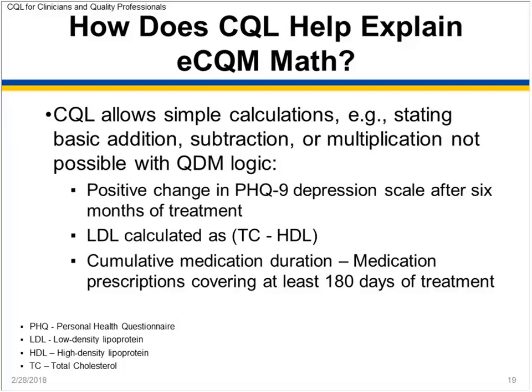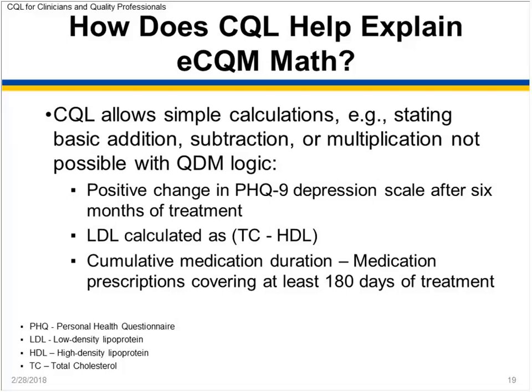Now it can. Another measure would be looking for a 10 millimeters of mercury minimum decrease in systolic blood pressure for a patient with hypertension and an elevated systolic blood pressure. In the past, the logic wasn't able to state that, but the CQL is providing that. How would you calculate a low-density lipoprotein value by subtracting the high-density lipoprotein from total cholesterol?